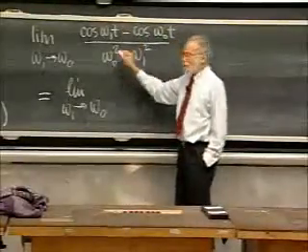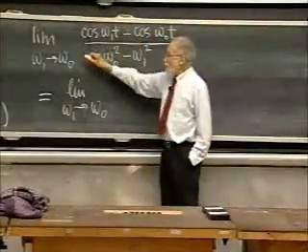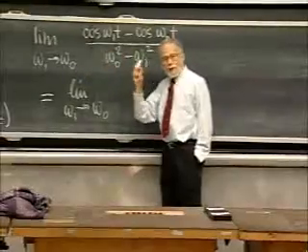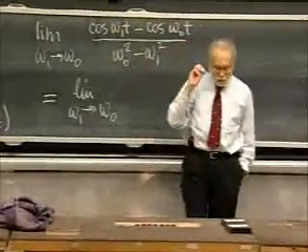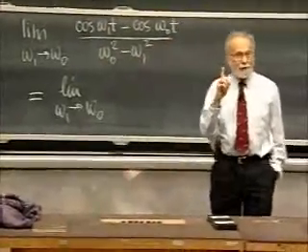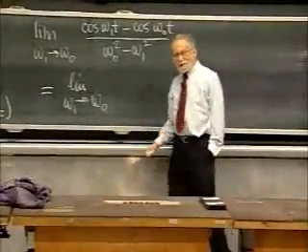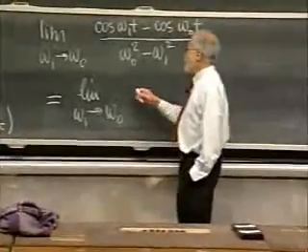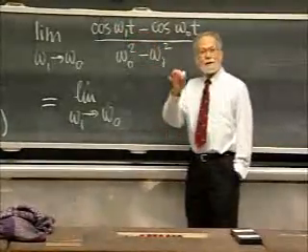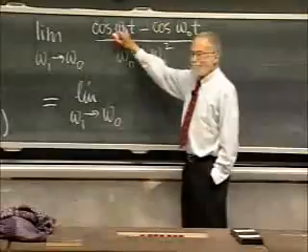Omega naught is fixed. All that's changing in this limit operation is omega 1. And therefore, it's with respect to omega 1 that I differentiate it. You got that? Well, you're in no position to say yes or no, so I shouldn't even ask the question. But okay, rhetorical question. All right.